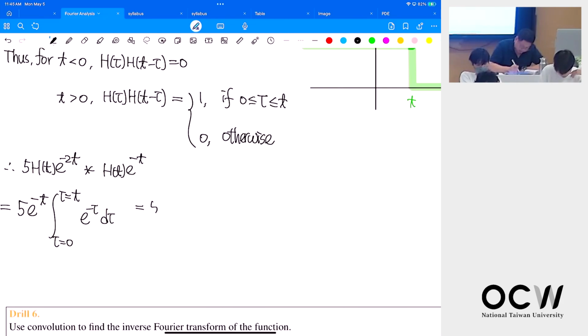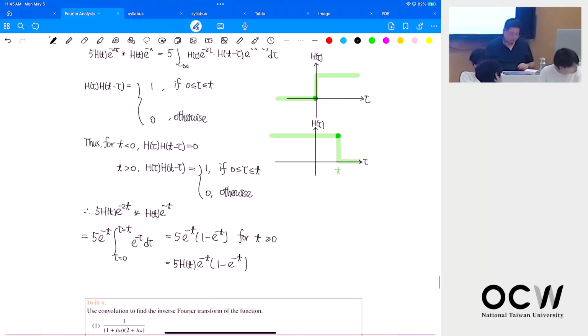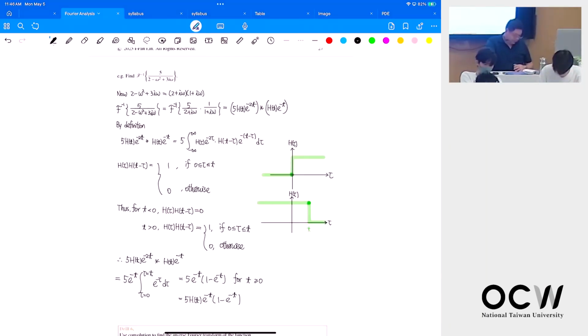That will be 5 times e to the minus t times 1 minus e to the minus t. This is for t greater than 0. Or we can also write it down using the Heaviside function. Okay.